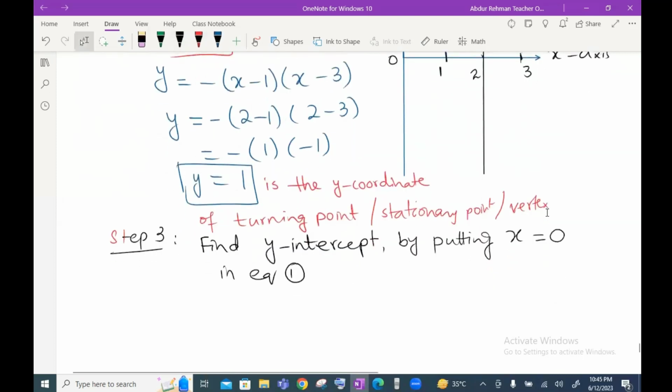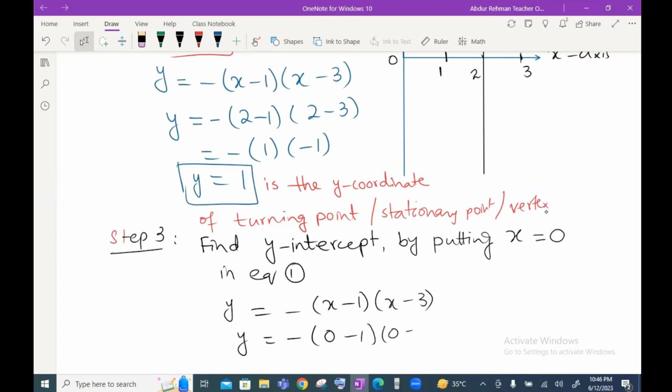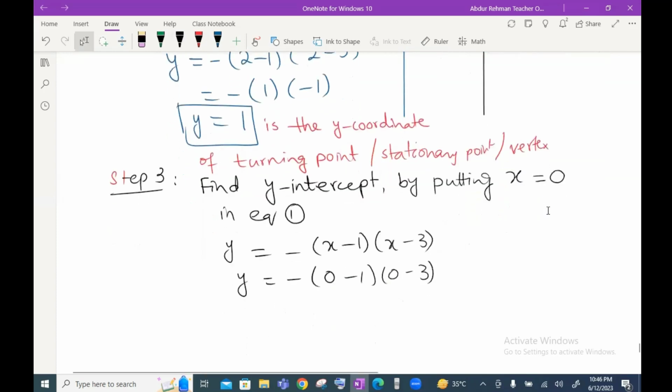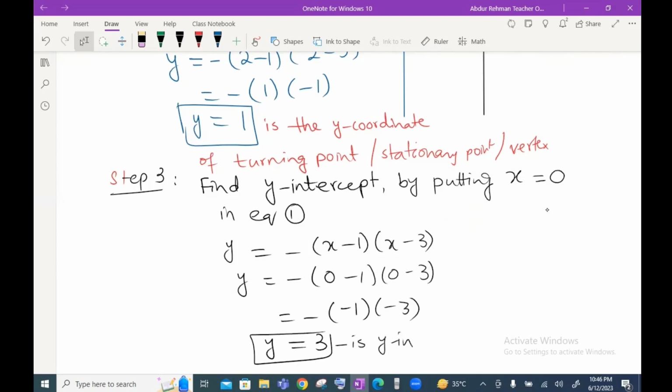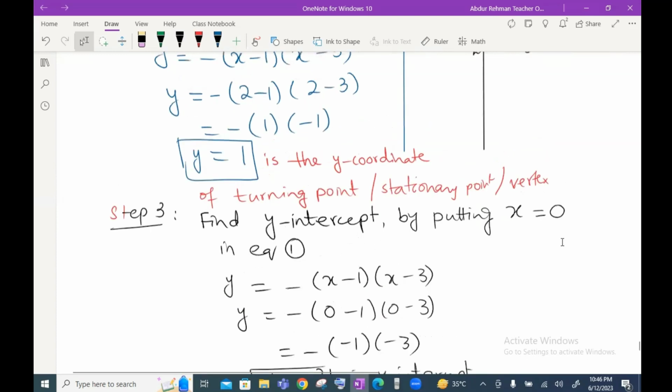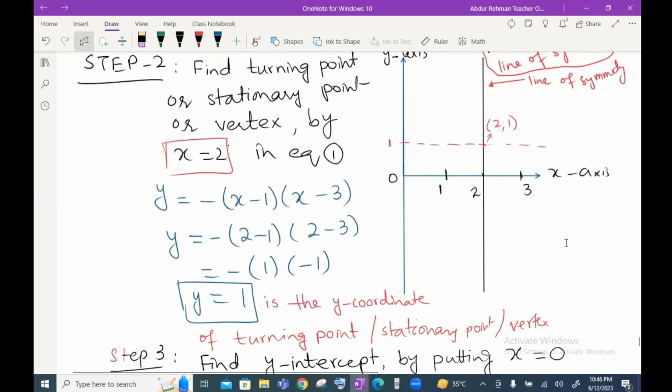The equation number one was y equals minus (x minus 1) times (x minus 3). Now putting x equals 0, y equals minus (0 minus 1) times (0 minus 3). We get minus 1 times minus 3, or we get y equals minus 3 as the y-intercept.